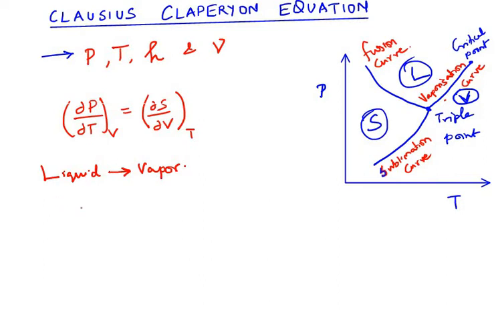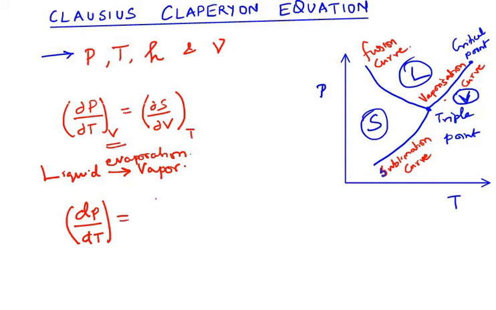I can write the above equation as dP/dT. Since it is a phase change process from liquid to vapor, that is, an evaporation process, the pressure and temperature are independent of the volume. So there is no need of writing the volume, and I am writing dP/dT.